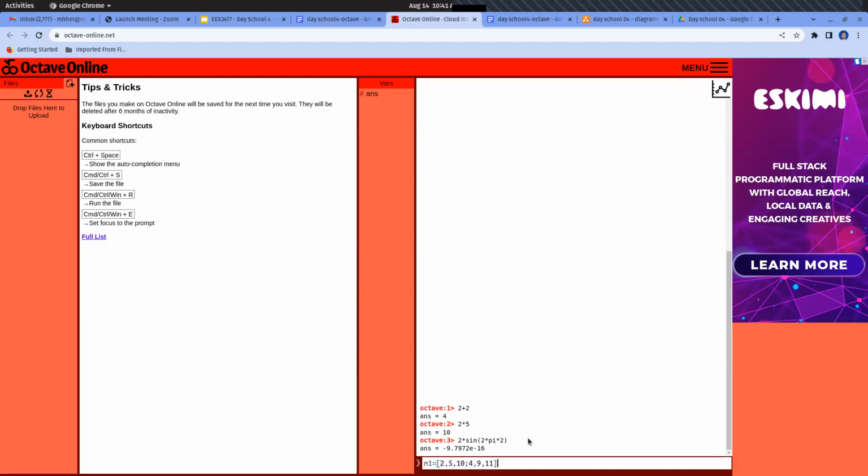The semicolon represents the separation of rows, so this is a 2 rows, 3 columns matrix. Here you can see there are 2 rows: one row here, second row here, and 2 and 4 is the first column, second column, third column.